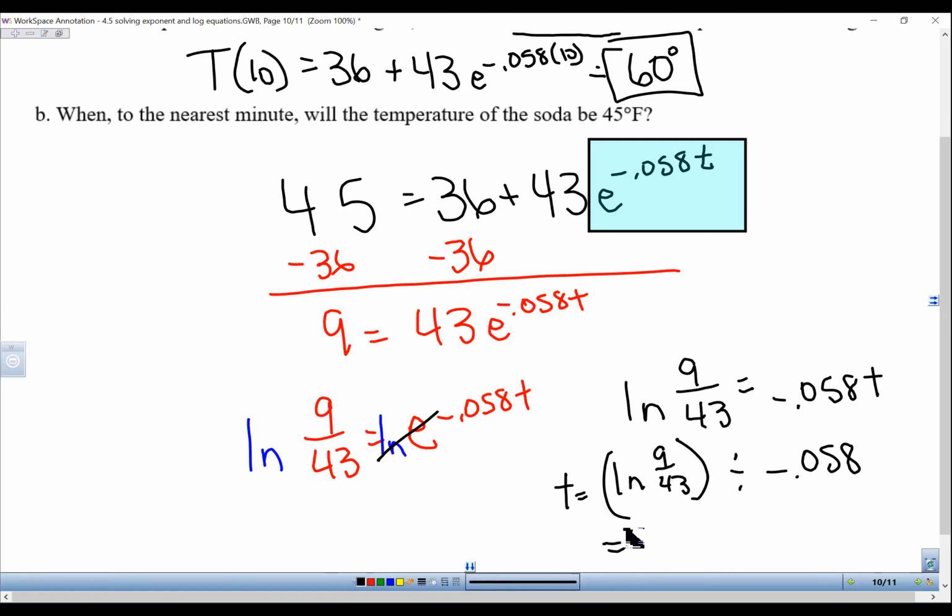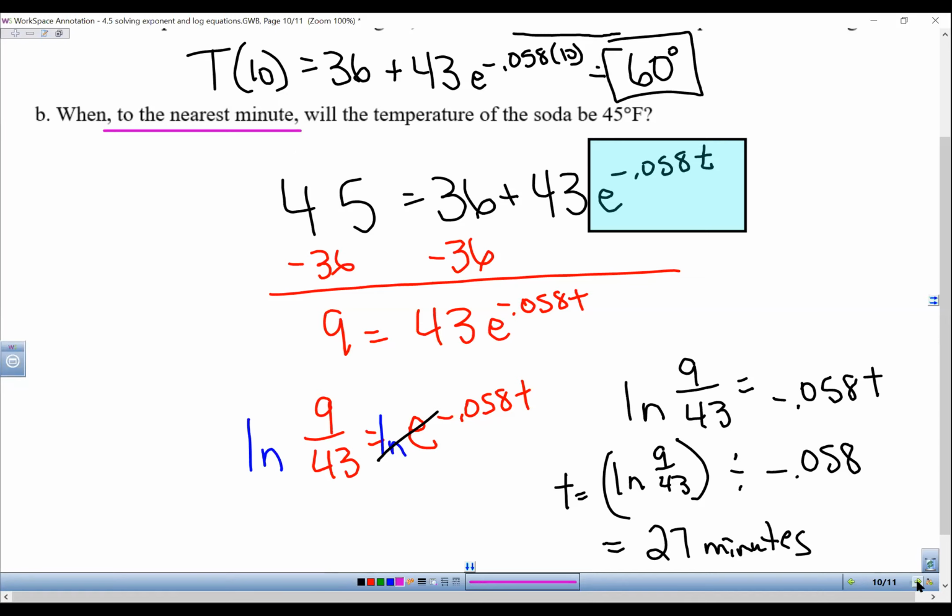It's the natural log of a fraction, and then divided by negative 0.058. And if we do that, we find out that it will be at 45 degrees after 27 minutes. Okay, and notice again it says to the nearest minute, so make sure you round off correctly.